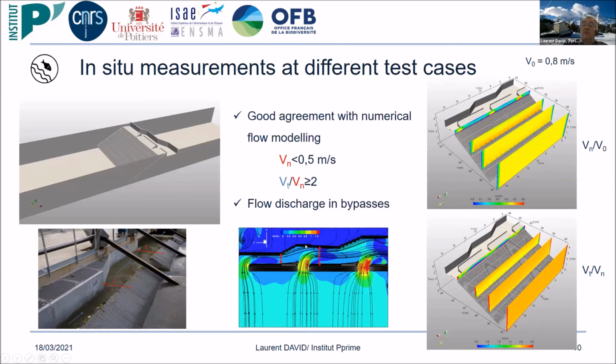It was also the opportunity to validate the discharge in each bypass, and we see that there is some asymmetry in this case, and perhaps, for example, on the left, the discharge could be improved or increased by modifying the shape of the bypasses.